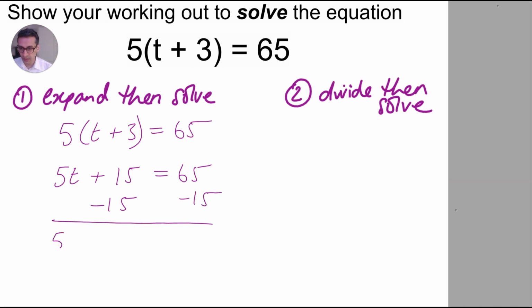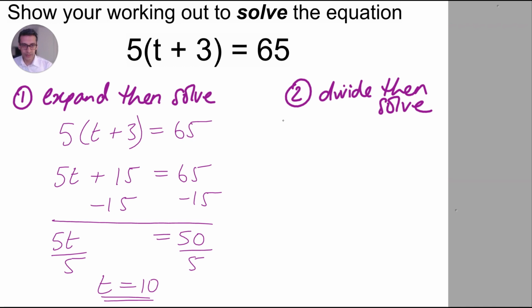This becomes 5t equals 65 take away 15 is 50. And now the inverse of 5 times t is to divide by 5. So we're going to divide by 5, divide by 5, t is equal to 10.